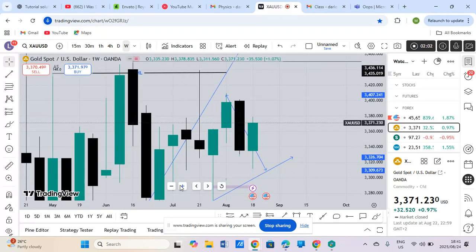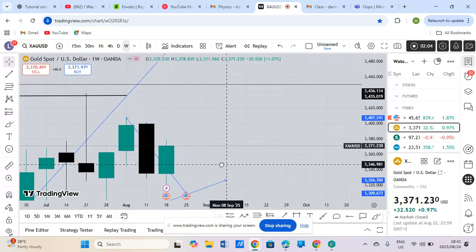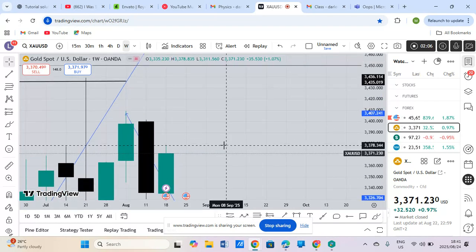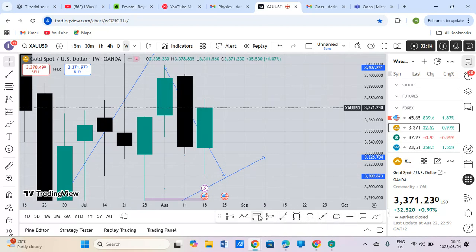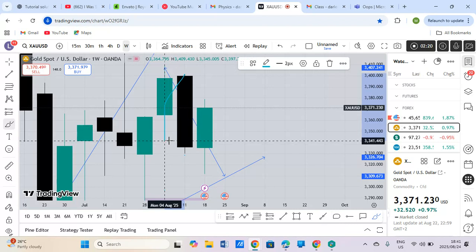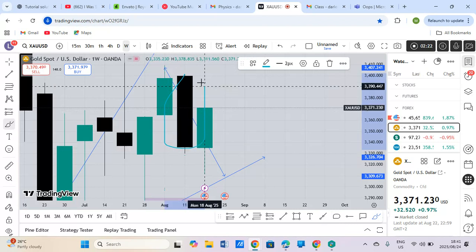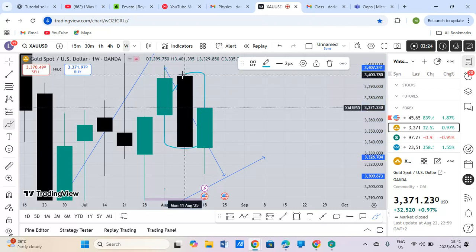So as you can see on our weekly time frame, we're on a bullish move. Already we have this high. We also have this imbalance candlestick which was created the week before this week.